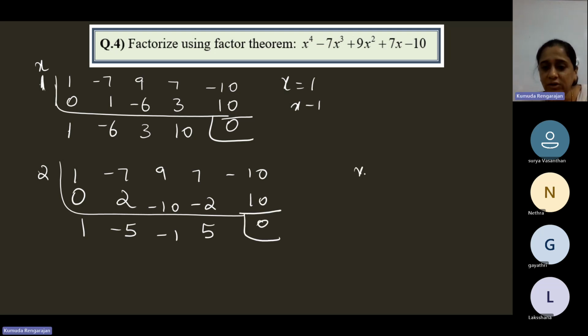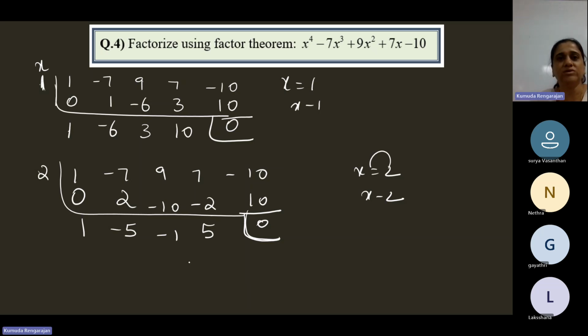So when x is equal to 2, the remainder is 0. That means x minus 2 is a factor of the given polynomial. So like this, you'll have to find two factors. We found 2.